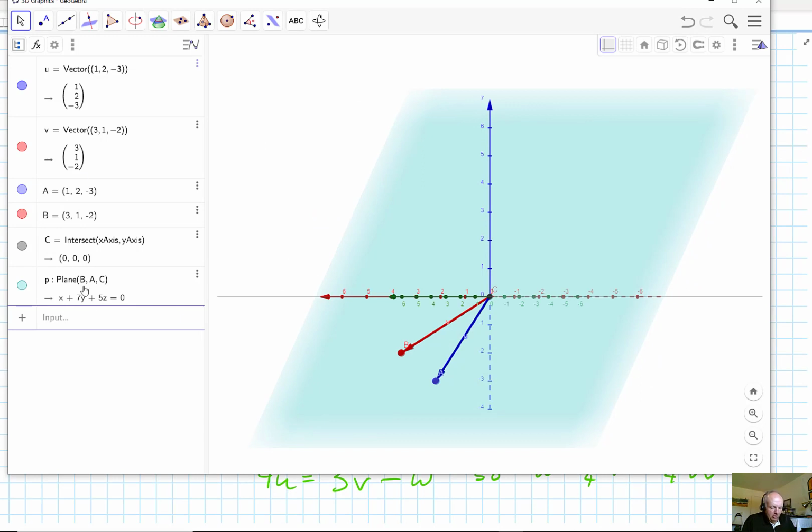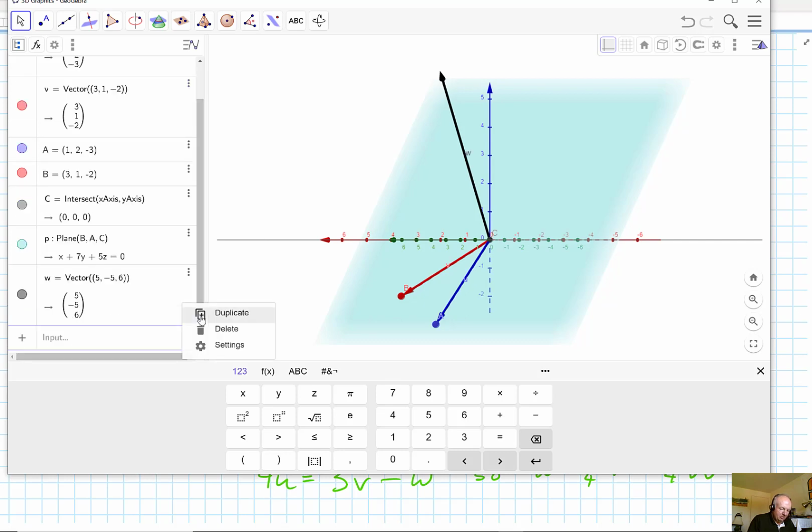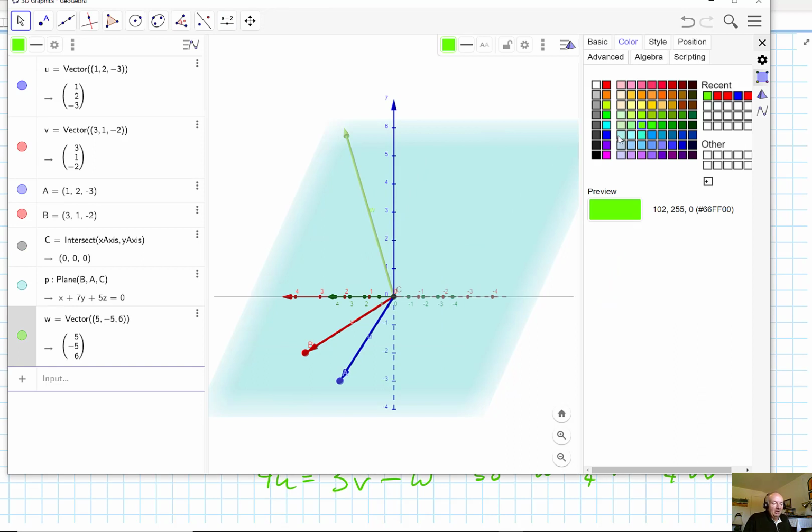Okay, so let me add to this vector w. All right, so w was 5, minus 5, comma 6. There is w. Okay, it sure looks like it's headed in a different direction. Let's color it a different color because we can. Bam.